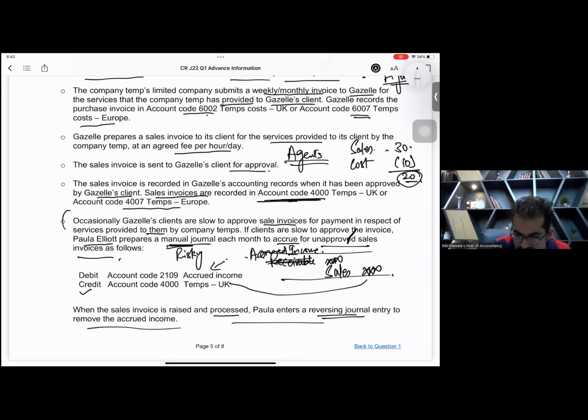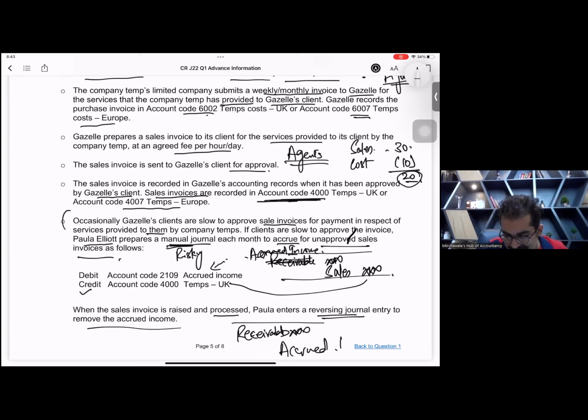Accrued income and receivable are almost the same thing, but if we go with the terminologies, afterwards, when we send the actual approved invoice, we make the entry receivable debit and accrued income credit.